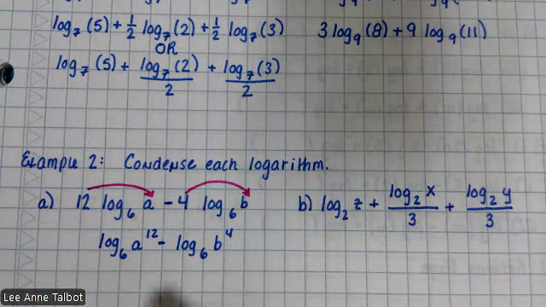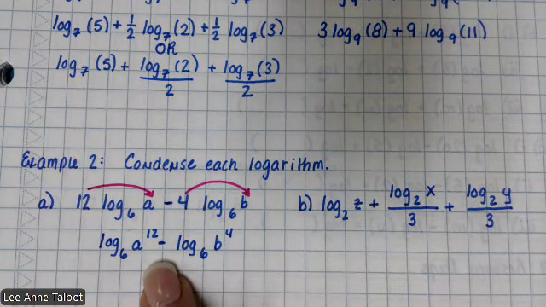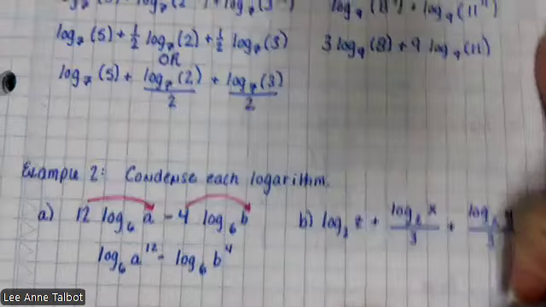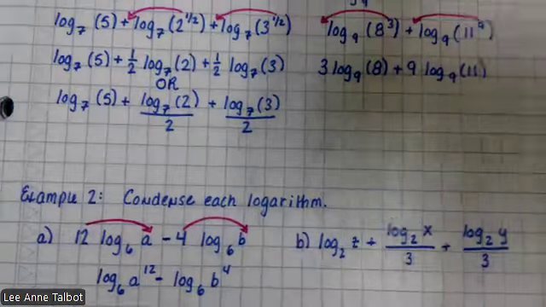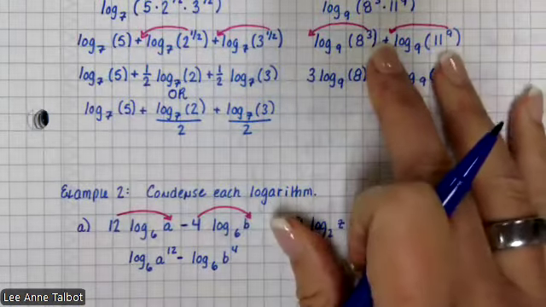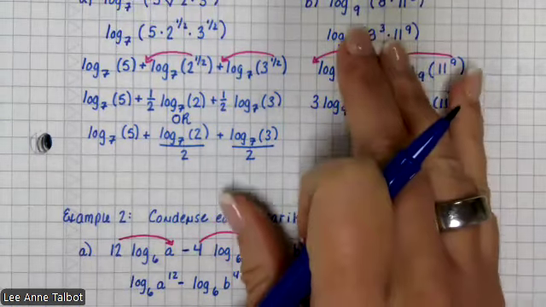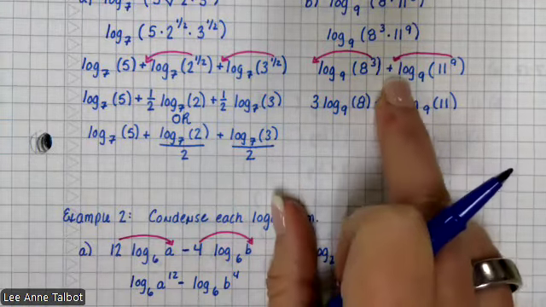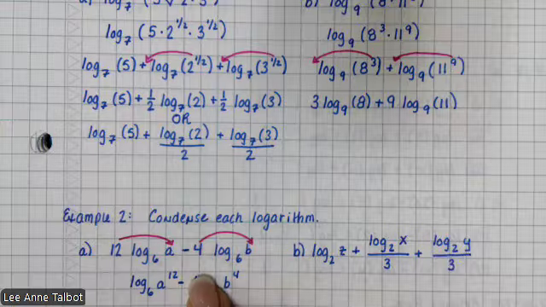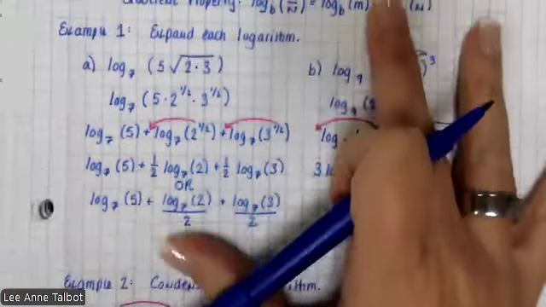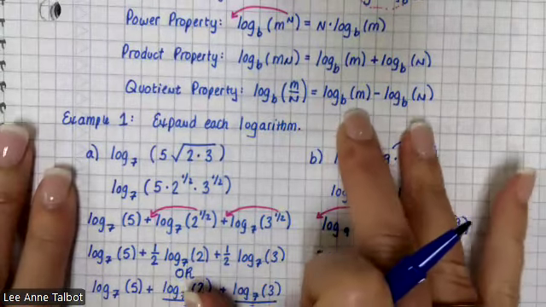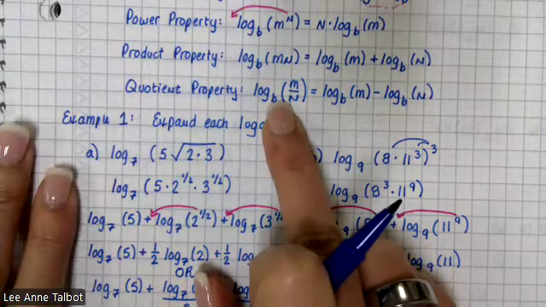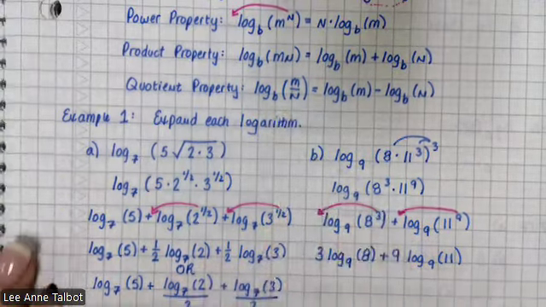However, this is the first time that we've had subtraction in one of our examples. In this one, I put the exponents back and then I condensed it down to one log with multiplication because this was plus. Ours is minus. And when it's minus, you make it down to one log with division.